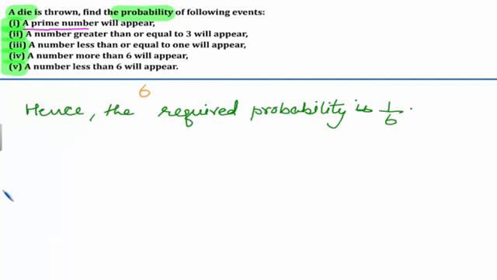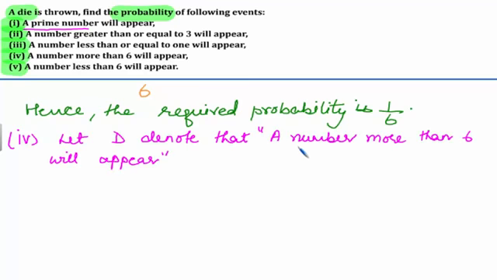Now moving on to the fourth part. We have to find the probability that a number more than 6 will appear. So let D denote that a number more than 6 will appear, and there is no number more than 6.